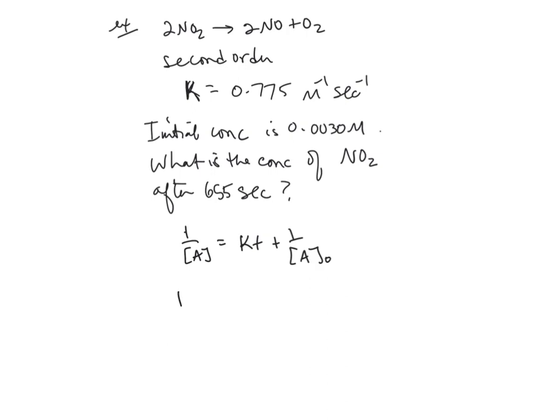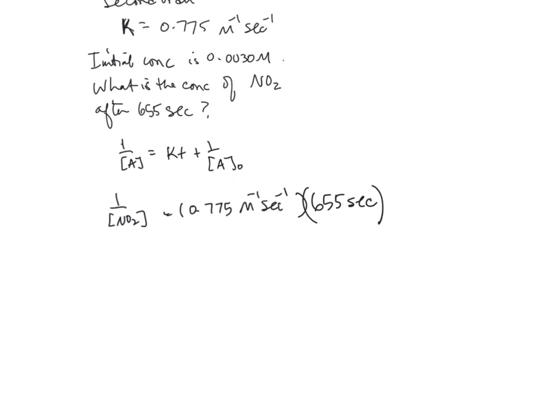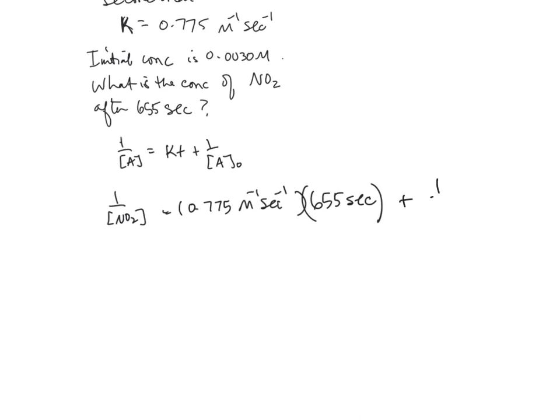So for this one, we have 1 over NO2 is equal to 0.775 molar to the -1 second to the -1 times 655 seconds. And then you have plus 1 over your initial concentration.